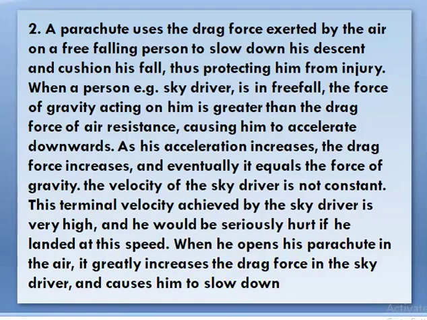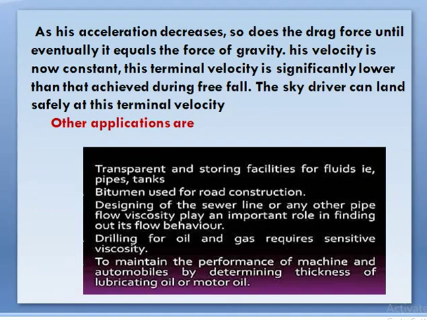So these parachutes will increase the viscous drag on the skydiver, and it will now cause the skydiver to slow down. Now as his acceleration decreases, so does the drag force, until eventually it is equal to the force of gravity.